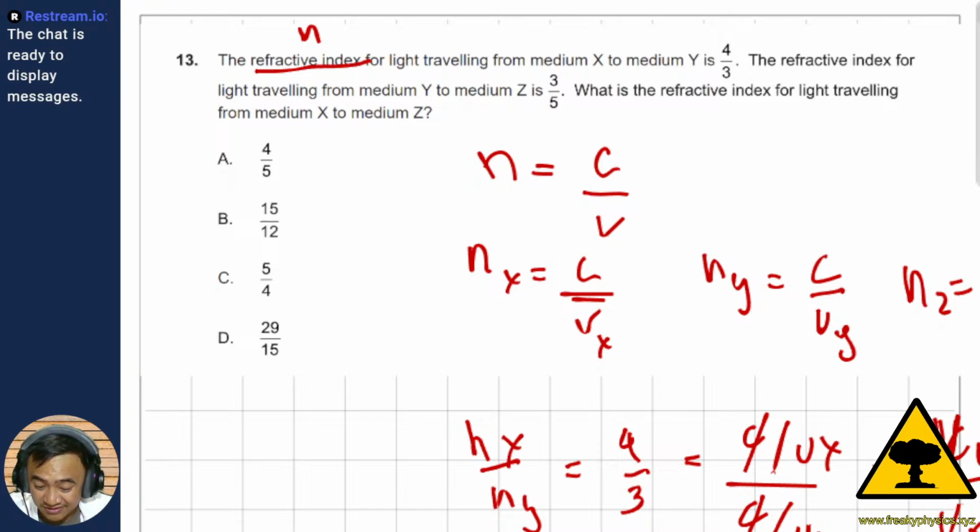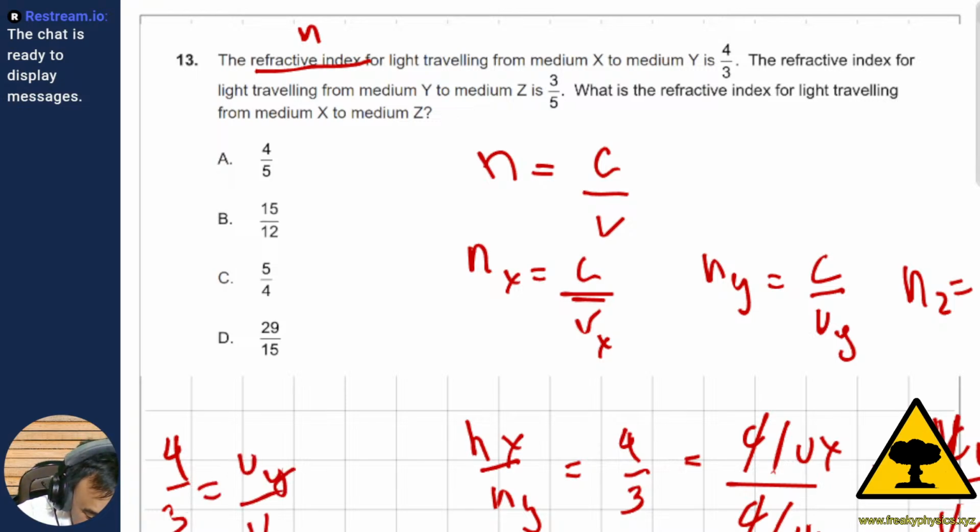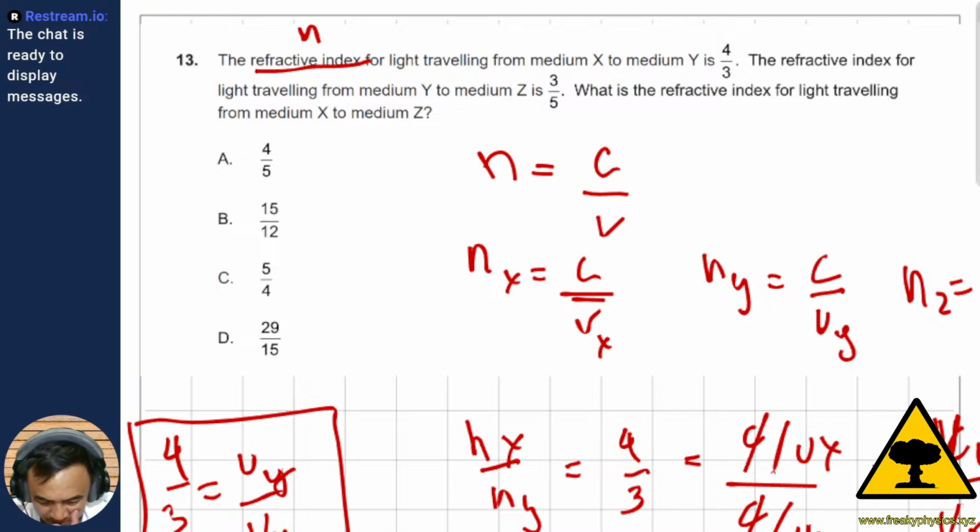So we don't have to actually solve for everything anymore. We see a pattern, right? So 4/3 will be equal to vy over vx already. Now let's do it the other way around.